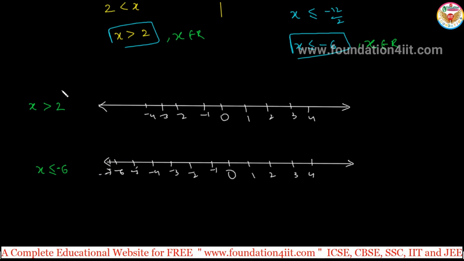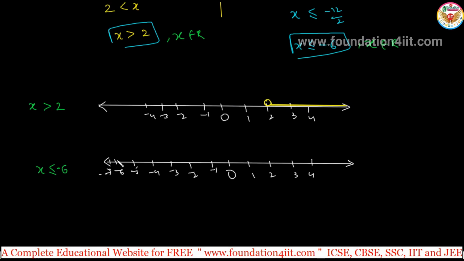Let us see here. x is greater than 2. 2 is not included. x belongs to real numbers, so on the right side all the values from 2. Second one is x is less than or equal to minus 6. Minus 6 is included, and from this, all the values are towards the left.